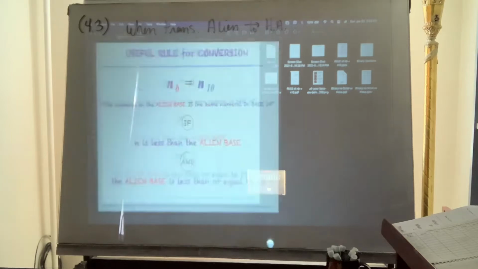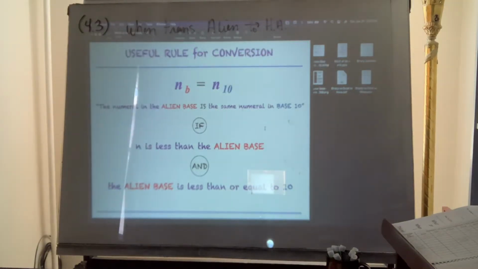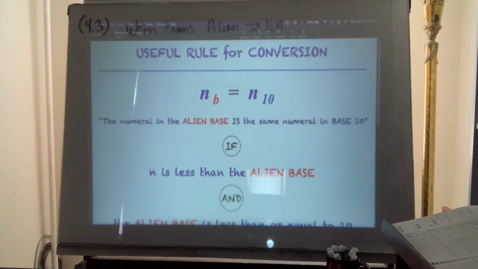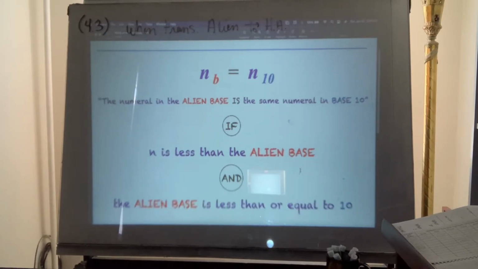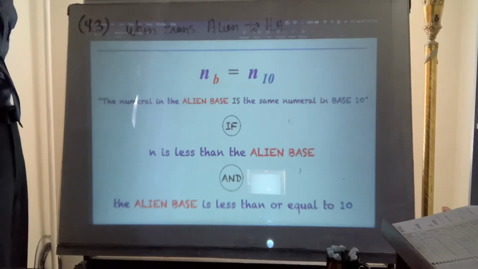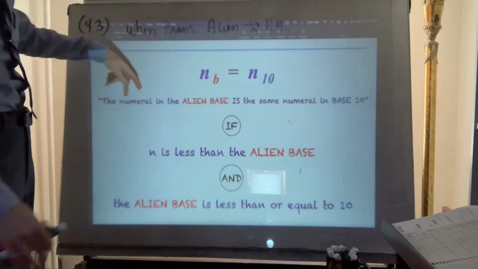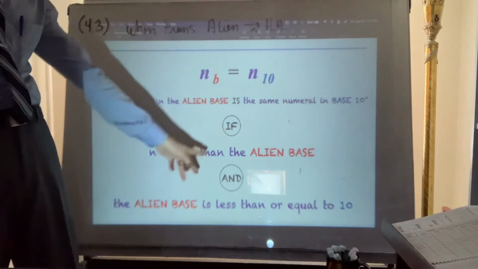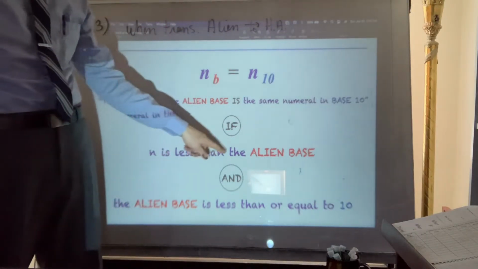I wonder if it's appropriate to mention this now. Here's just a useful thing when you're converting between different base system numerals. The numeral in the alien base is the same as the numeral in base 10 if n is less than the alien base.